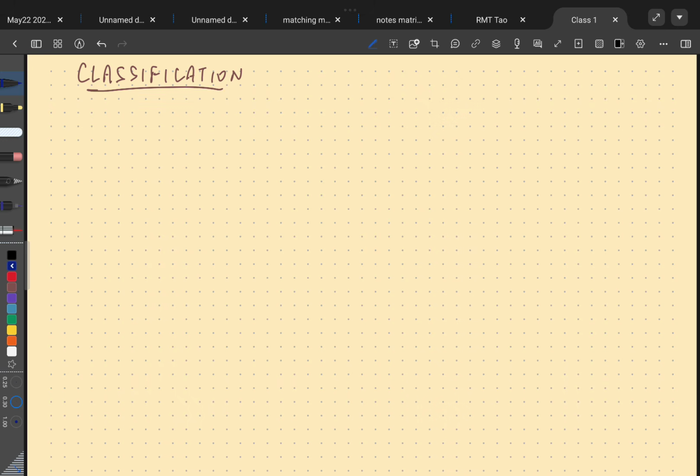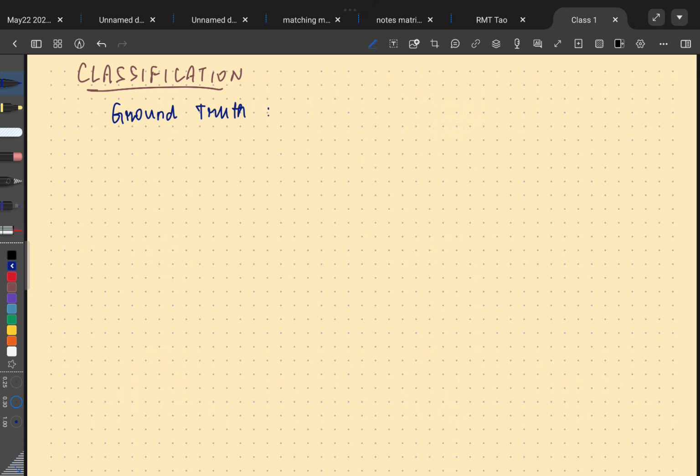So the classification problem is the following. So we have some ground truth. And our goal is to learn this ground truth, or try to get an estimate of what this ground truth is by observing data. Right?